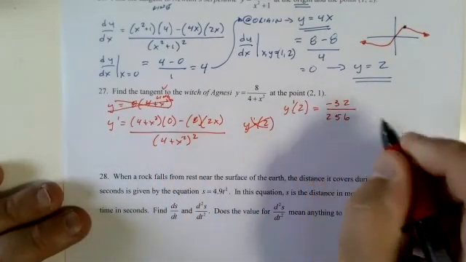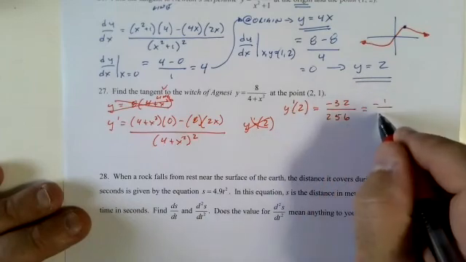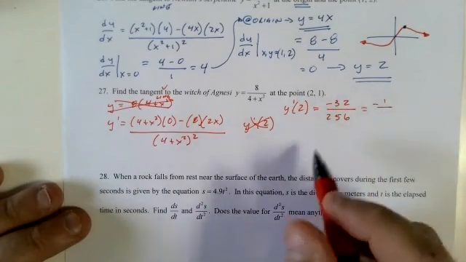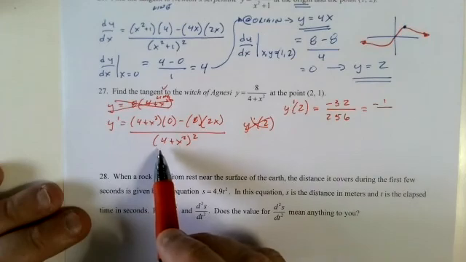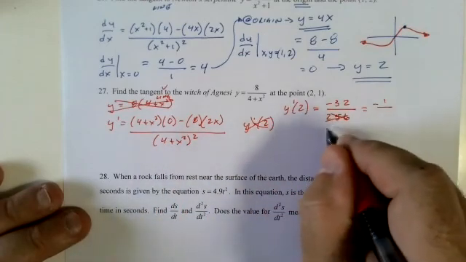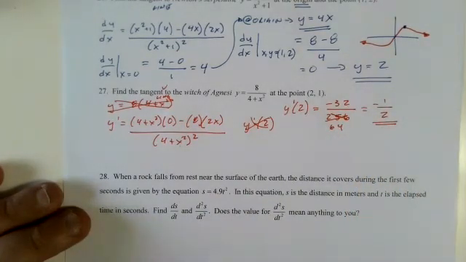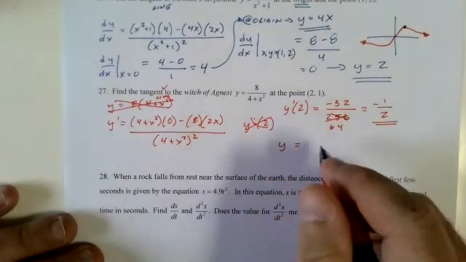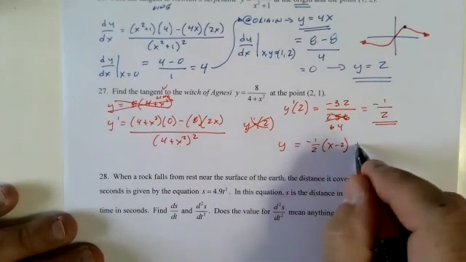It's a big number. That's wrong. 2 squared, I went 4 times 4, 4 plus 4, 8 squared, 64. I had a feeling I screwed that up. There you go. And y minus 1 equals negative 1/2 times x minus 2, plus 1.